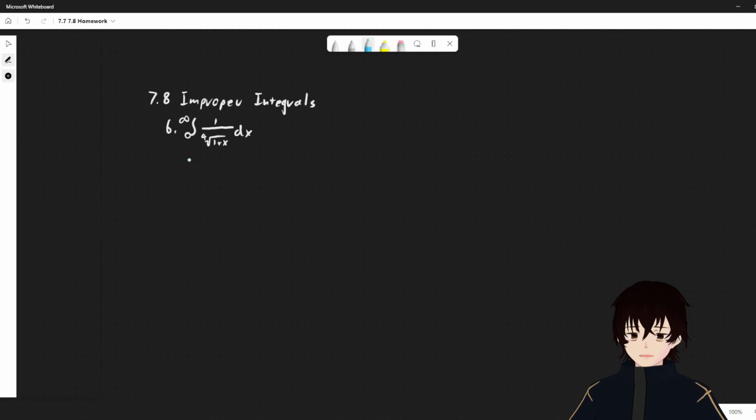First off, we can rewrite this as the limit as x approaches infinity. We used to use t, but why can't we use x?